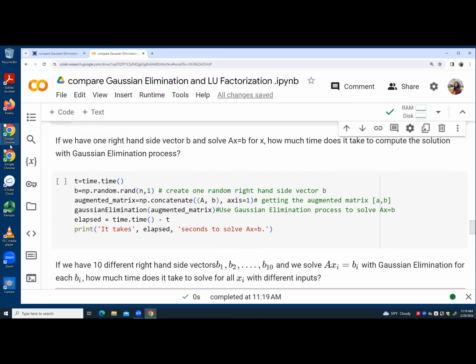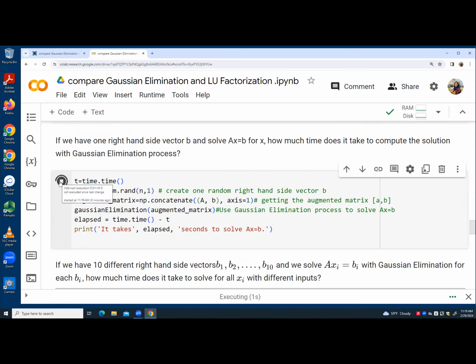Then I use the functions defined above, that is the Gaussian elimination algorithm, to solve this, and let's count the time. Here is the timer start, then end the timer, and then we print out the time.